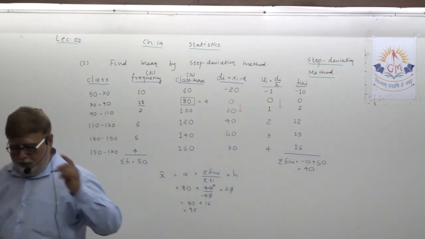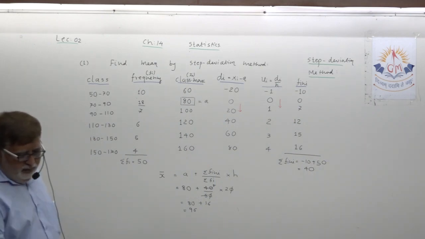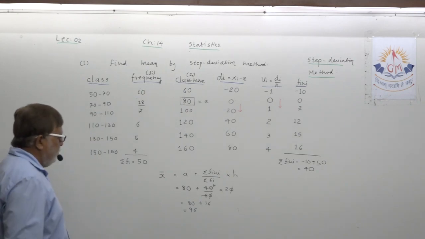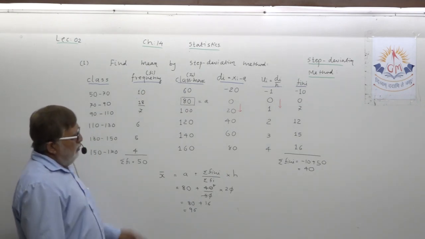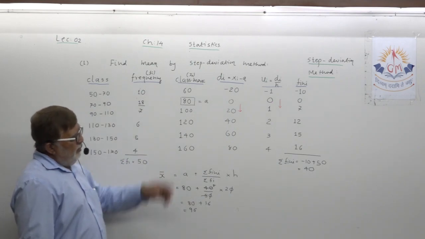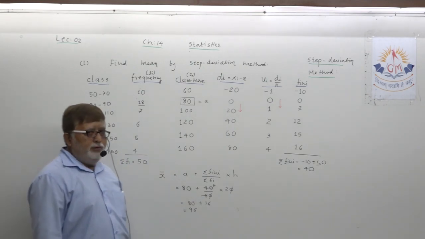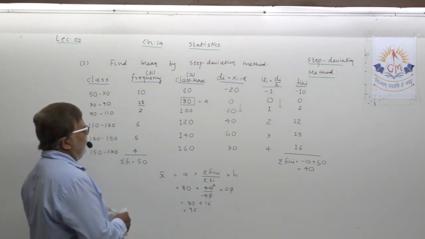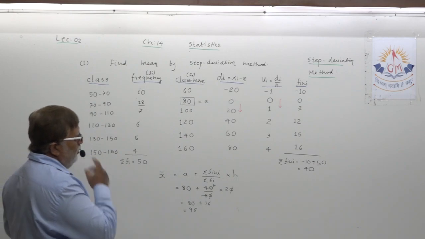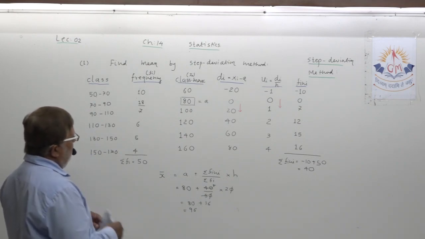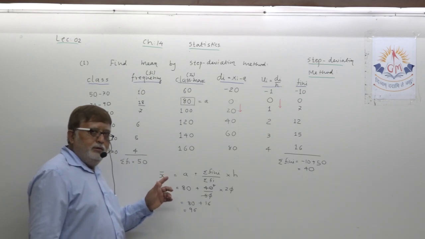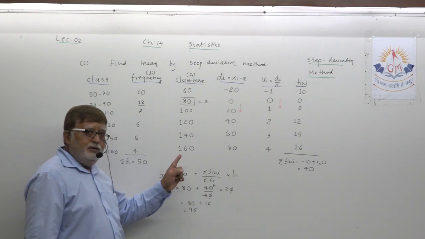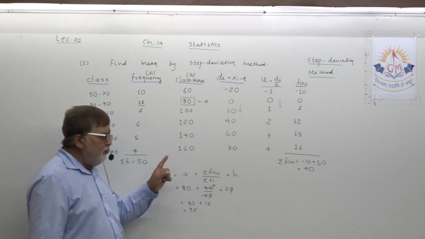Then we target another example where some minor confusion needs to be solved. Remember the name of the method, step deviation method. I'm giving you a little time so that you can analyze how to make columns.